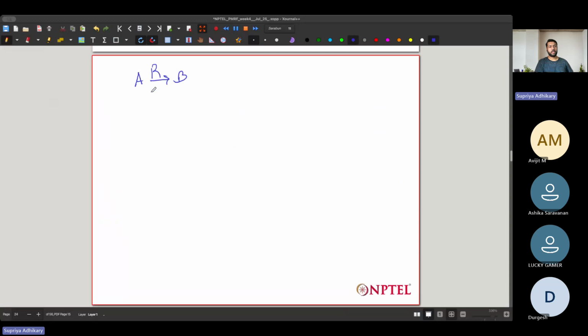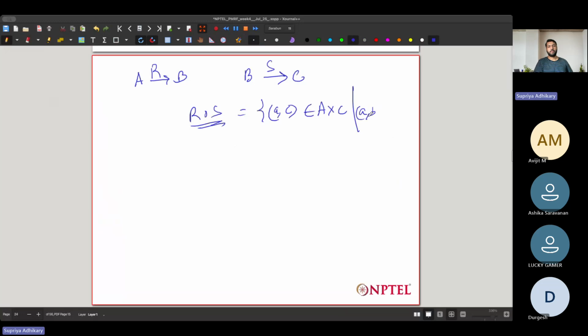Okay, so we consider that from A to B there is a relation R, and from B to C there is a relation S. So R composed with S is the set of all (a, c) in A cross C such that there exists a b in B such that (a, b) belongs to R and (b, c) belongs to S. This is how the composition is defined.